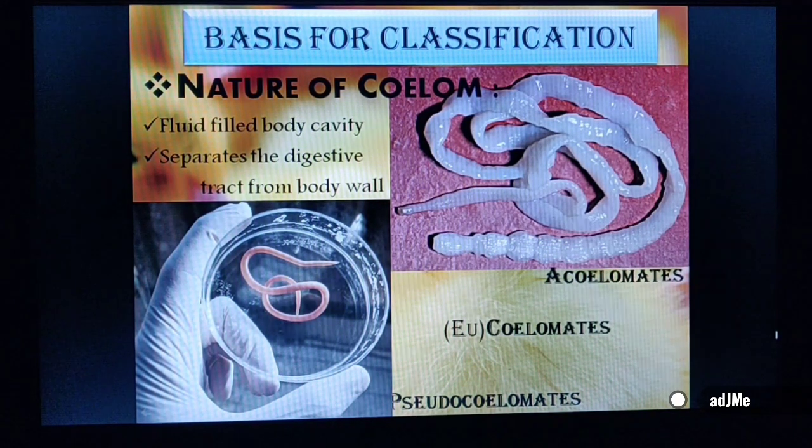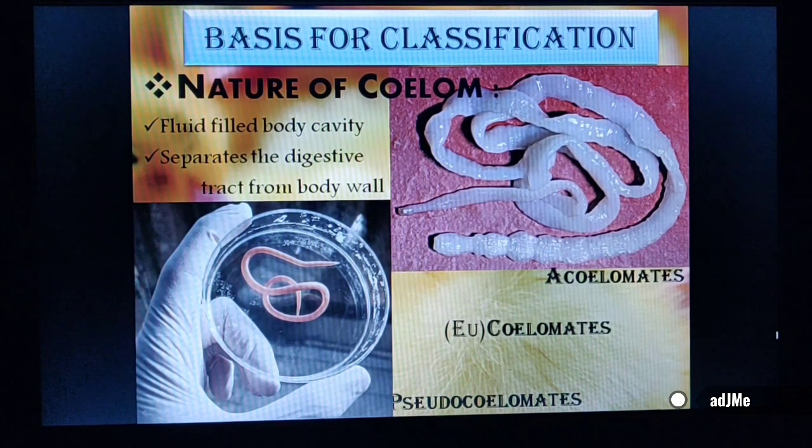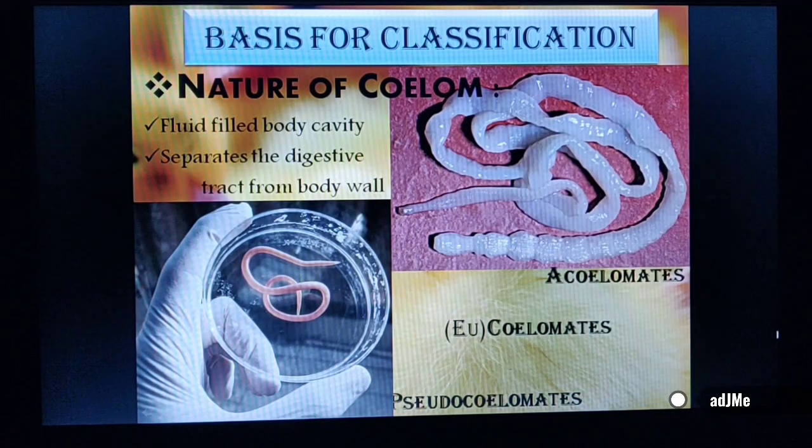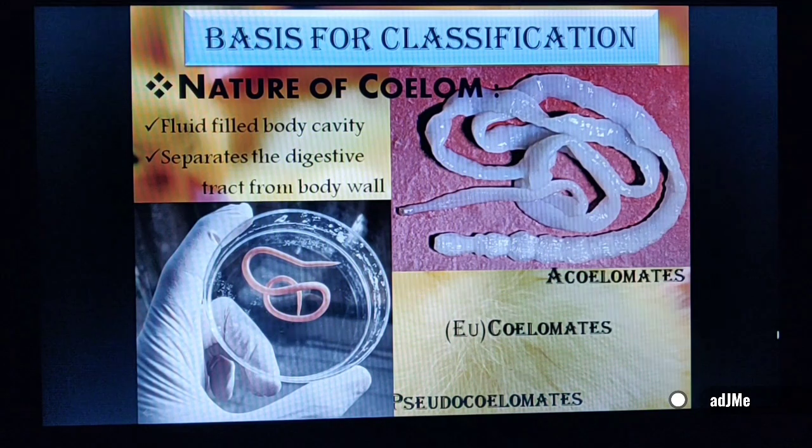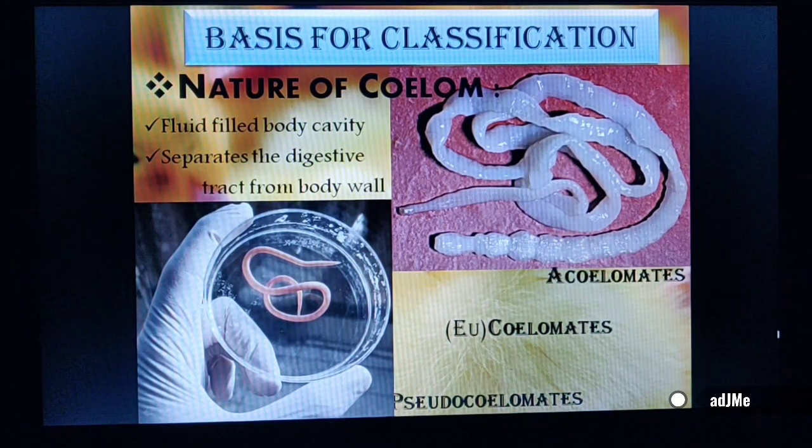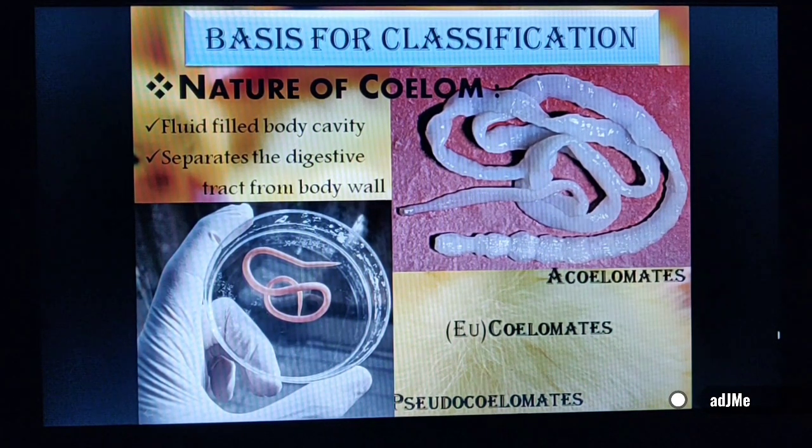Similarly, you are going to learn now coelom, where acoelomates, the lower organisms, come under acoelomates. So like that, this is a clue. What I am trying to say is, this is a clue. After learning a full classification of the animal kingdom, you will find the lower organisms coming under one category.